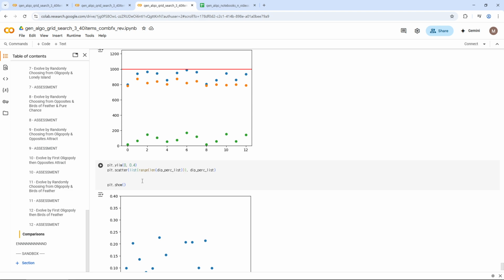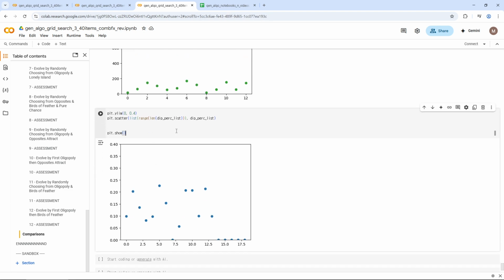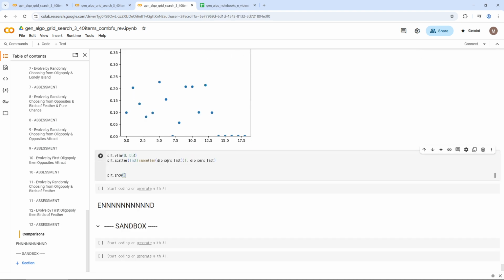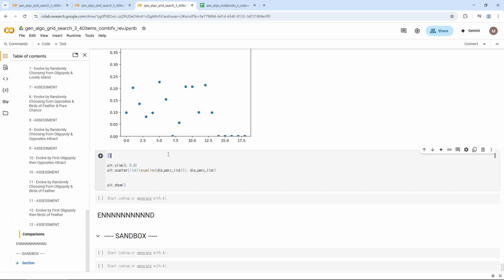So, I didn't want to do this. So here are the values.